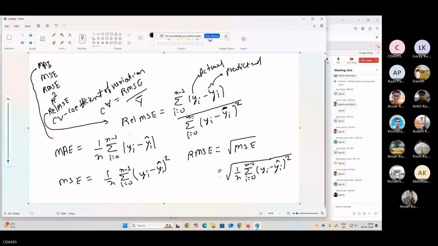So this is the formula of MAE, MSE, root mean square error, relative mean square error, and this is the coefficient of variation. Everyone clear with this formula?